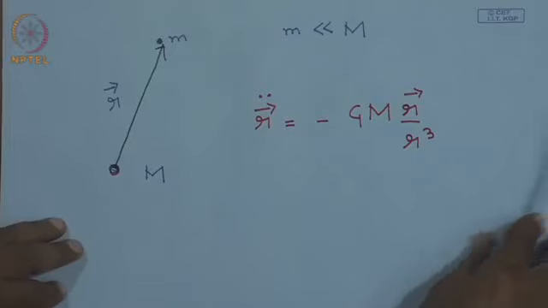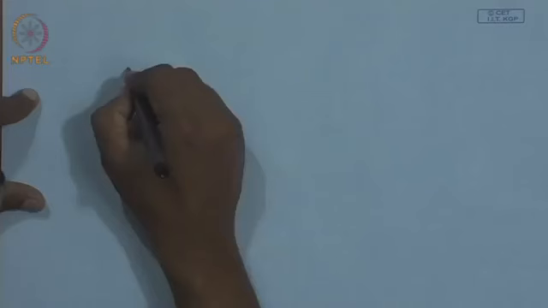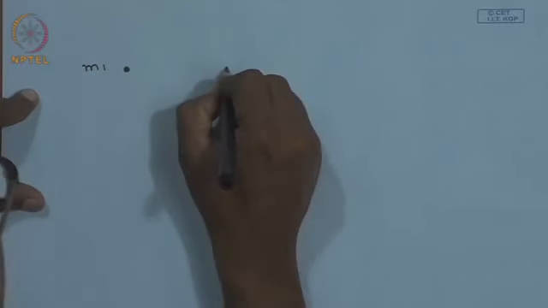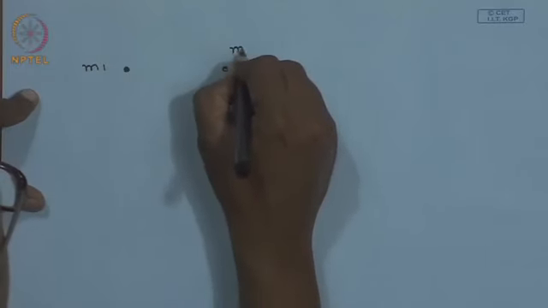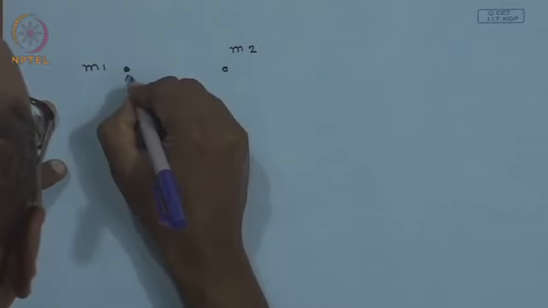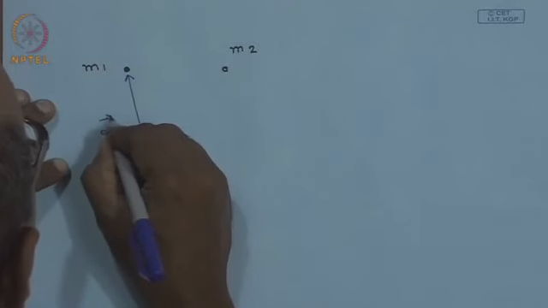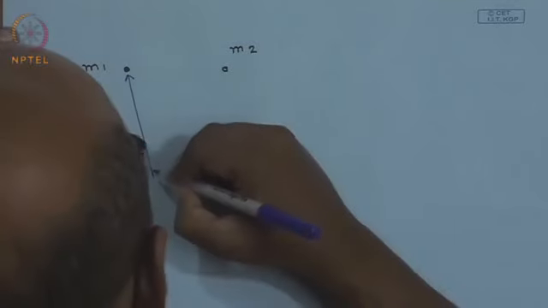Now, today we shall be discussing a different system. Here we have two masses m1 and m2, and these masses may be comparable. So, this is the vector r1 with reference to some arbitrary origin.